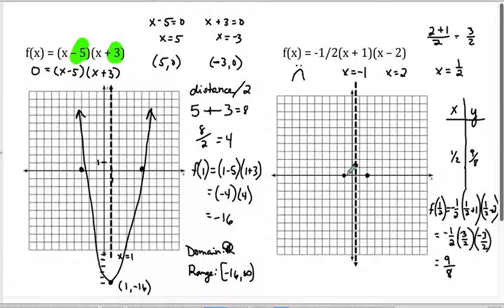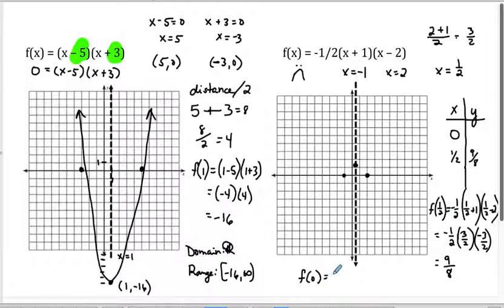I can also plug in some other values that are close by, so maybe I'll plug in 0, just to verify where that would be. So at 0, I'll do this work down here.